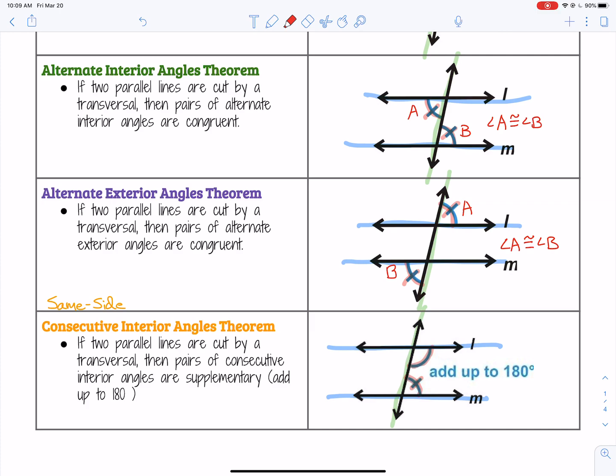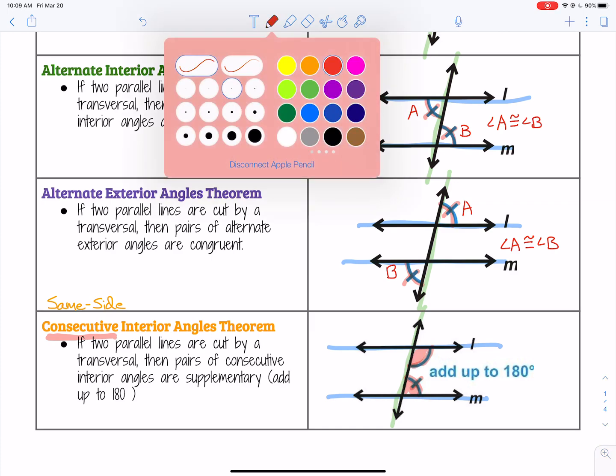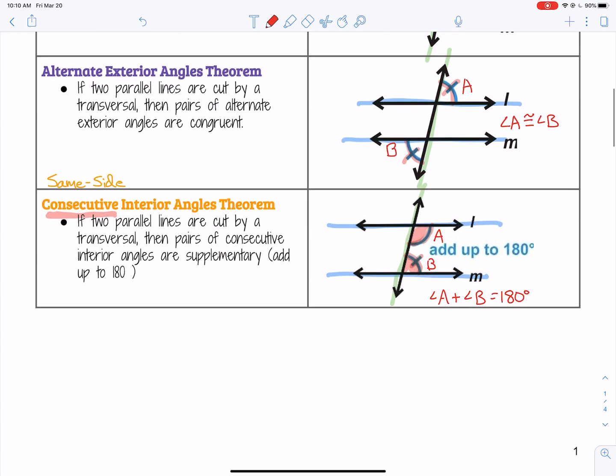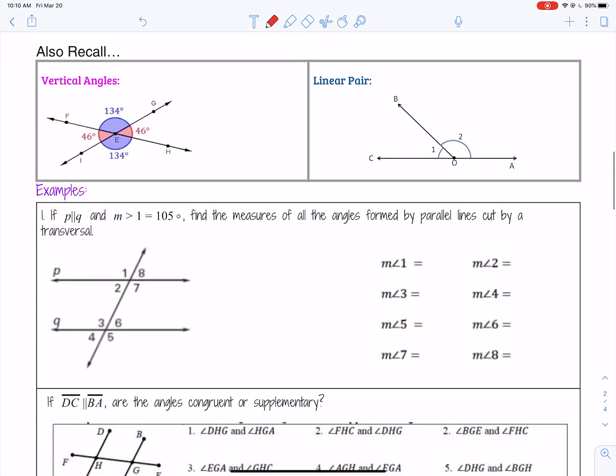They're on the same side of the transversal. Consecutive kind of means they sit beside each other. They're like one after the other, and they add up to 180. So we would say that if this is A and this is B, angle A plus angle B would equal 180 degrees.